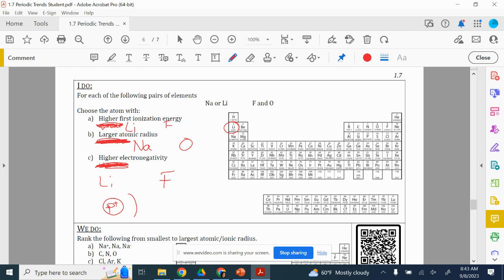But if it did want one, its nucleus would be pulling because it's only got this layer and this layer. Sodium has this, and this. So the nucleus of sodium is going to be further away pulling on that electron versus here where it's going to be less distance. So always go back with these trends, always go back to Coulomb's law. Good?